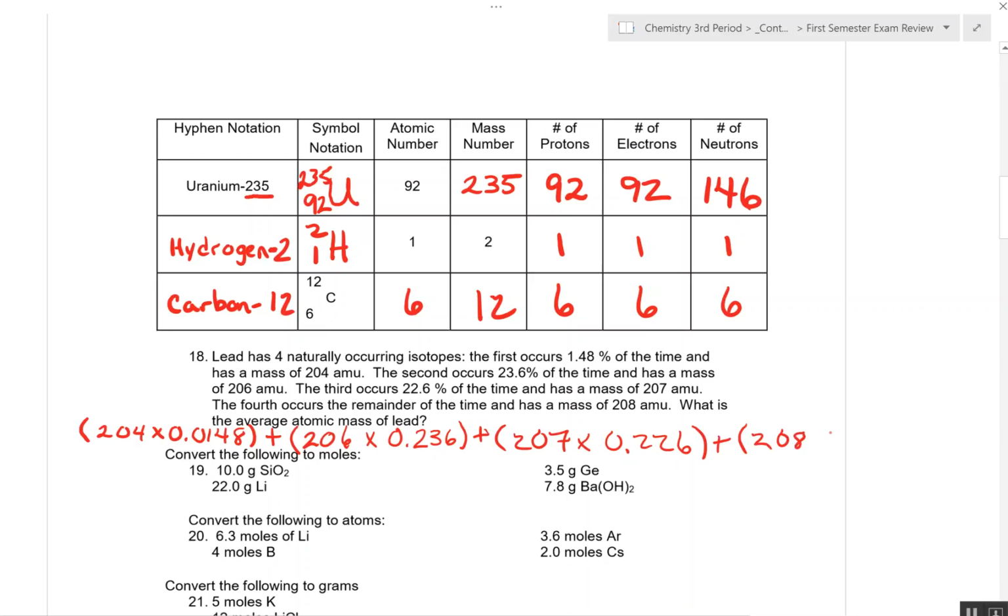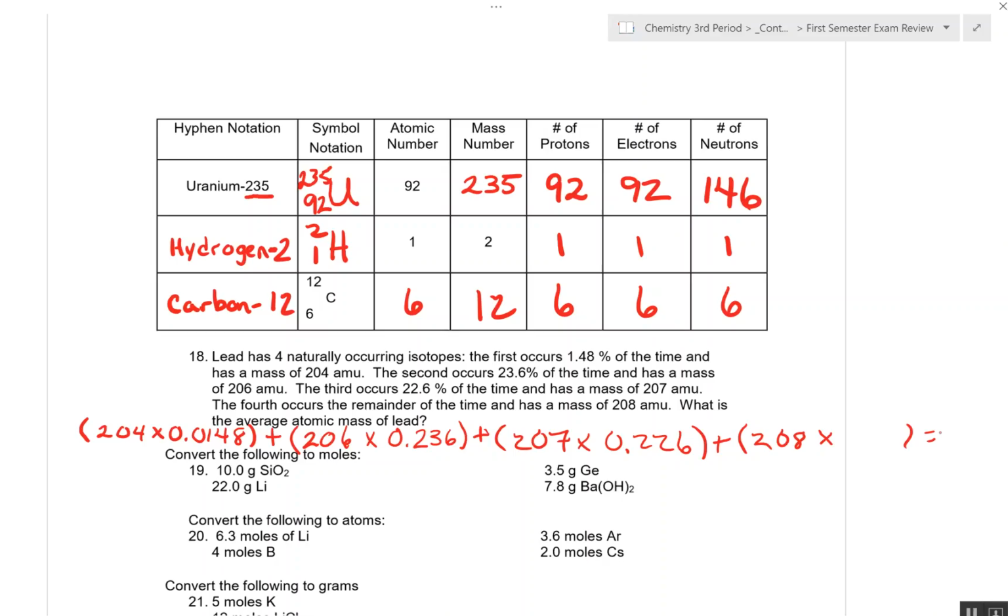But what didn't they give you? The percentage. Can we figure it out? How can you figure it out? Right, take all the other percents and add them up and subtract from 100. Did anybody do that?